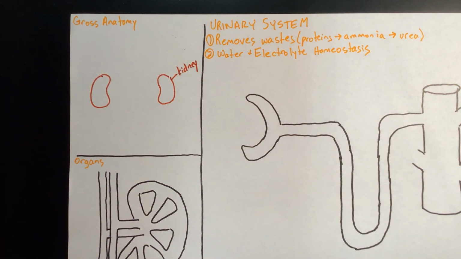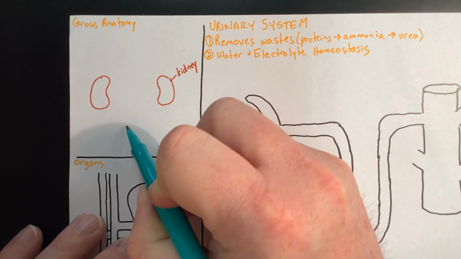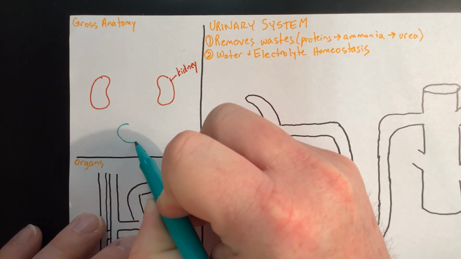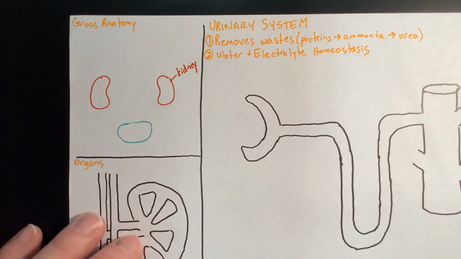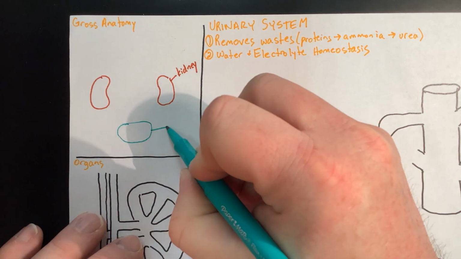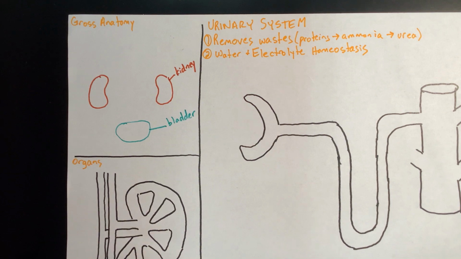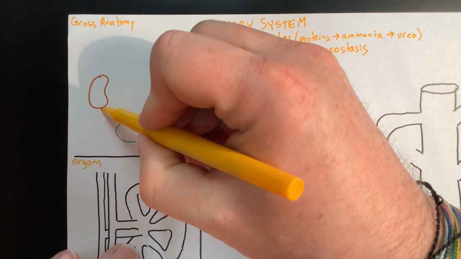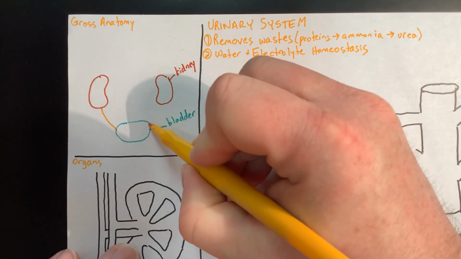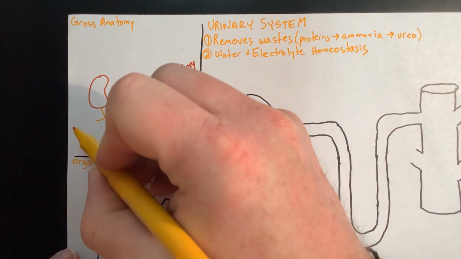And another main structure of the urinary system is the bladder. So let's draw the bladder down here. You have one bladder, called the bladder or the urinary bladder. And the kidney is connected to the bladder by a couple of tubes. Those tubes are called ureters.